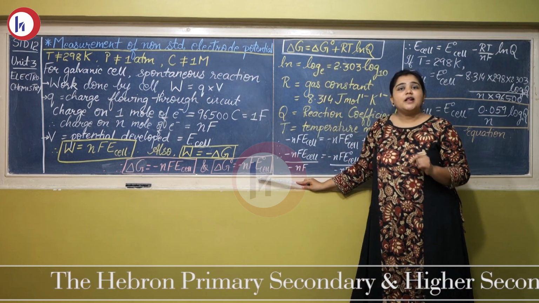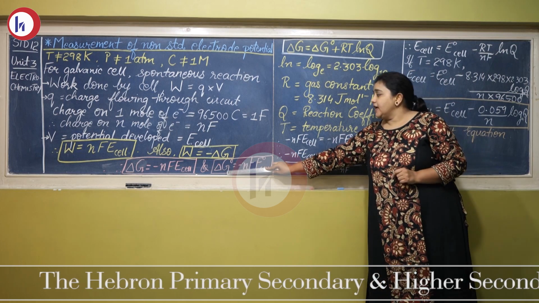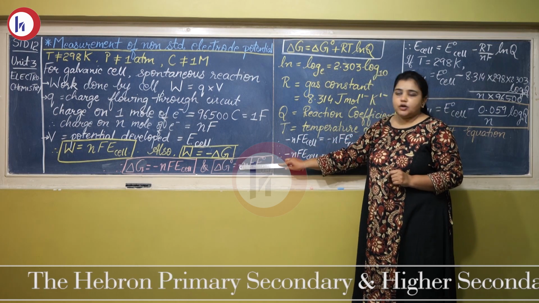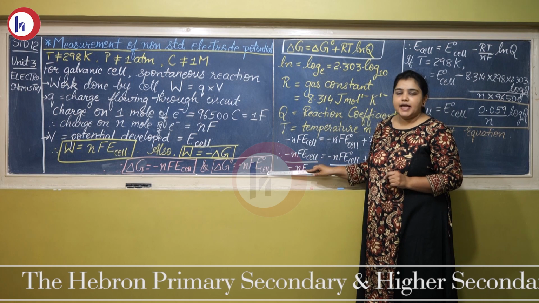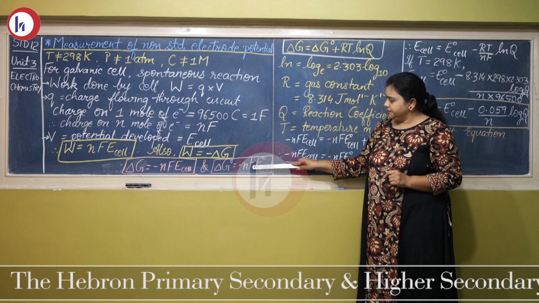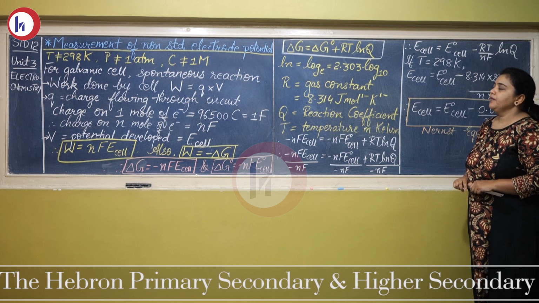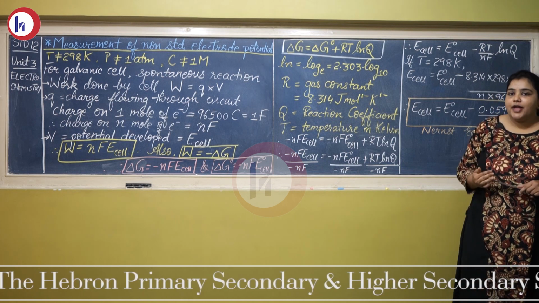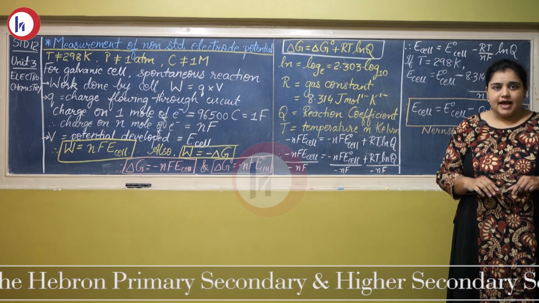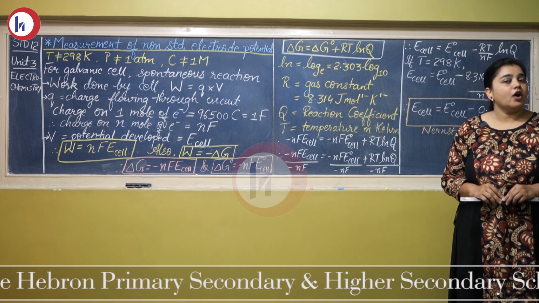If the same cell functions in standard conditions, then the equation can be written as delta G naught, that is the standard change in free energy, equals minus nF E naught cell, where E naught cell stands for the standard cell potential, F is the charge in Faraday, and n is the number of electrons. How do you obtain the standard cell potential? That we calculated in the last lecture. On the basis of the EMF series, we can calculate the standard cell potential of a cell.